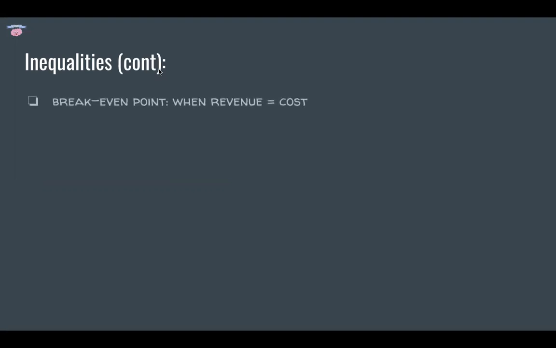Now, the break-even point is an application of an inequality. So it's when the revenue is equal to the cost. So for example, if it costs me $20 to make a car, well, I'm talking about toy cars because it costs way more than $20 to make a real car. And I make 250 cars.